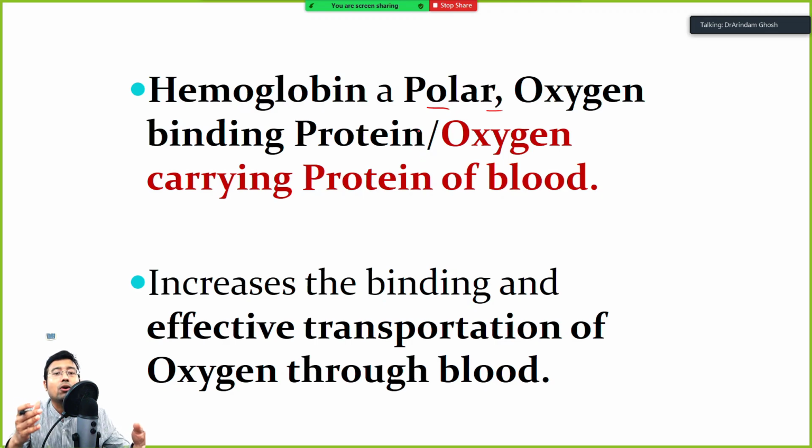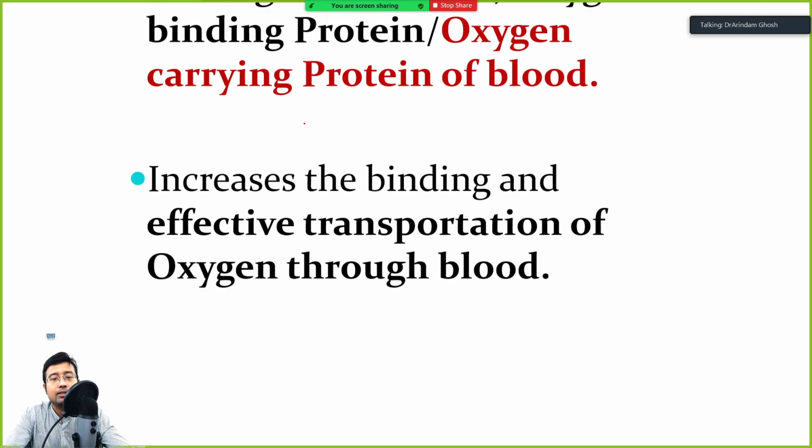Okay, so if you are joining the class now, for the late comers, what we are discussing is hemoglobin, which is a polar oxygen binding protein, okay, that carries oxygen, and it increases effective transportation of oxygen through the blood basically.